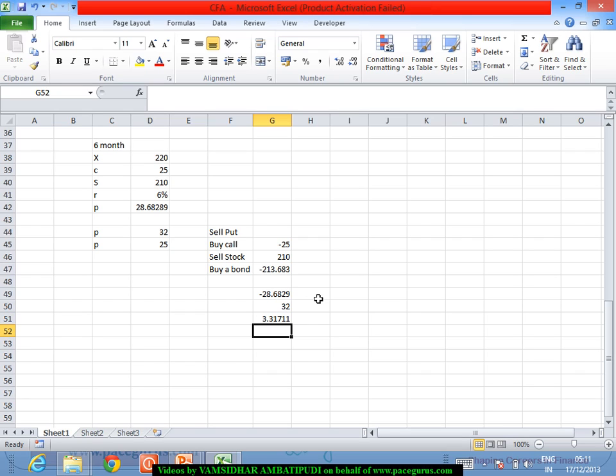Now look at after 6 months what is going to happen. After 6 months, whatever may be the market price, you can assume any market price on that day. We have sold a put and we have bought a call for the same exercise price. Now this bond after 6 months will give me 220 bucks, because I have bought a bond.